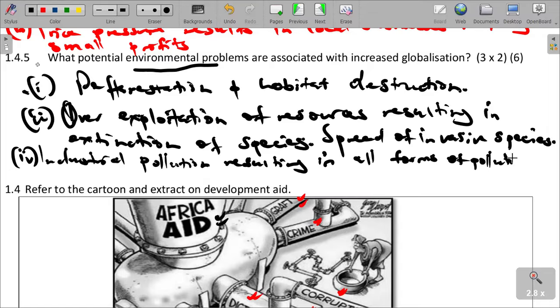You can talk about land, water and air pollution, because of spillages and noise, which can come as a result of increased globalization. We can also have higher levels of waste generation and decline in biodiversity.